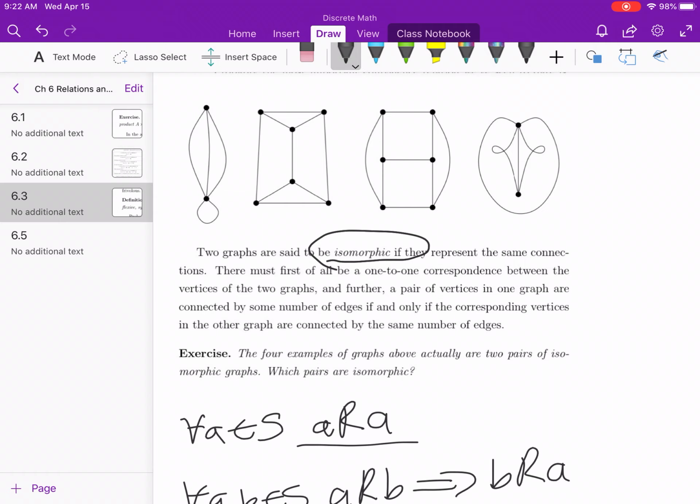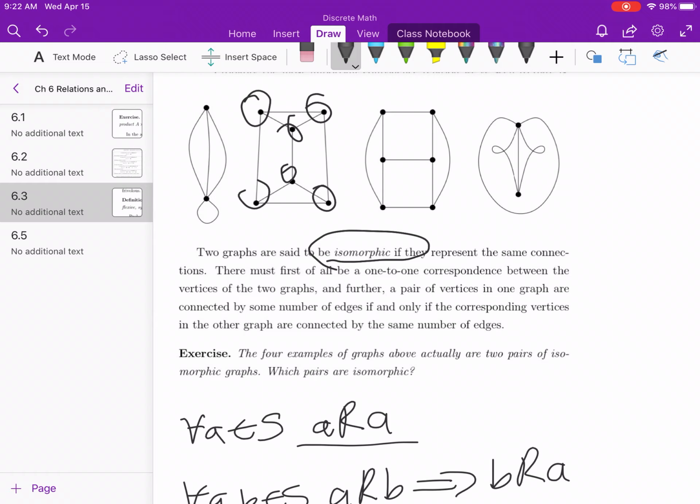It takes the points on a particular graph, like let's say these points, and it maps them to points on another graph. And it also preserves what's called an edge endpoint relationship.